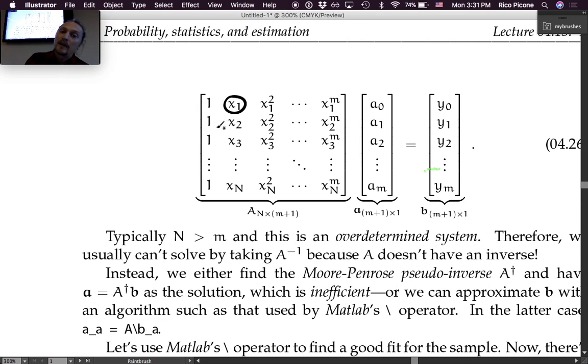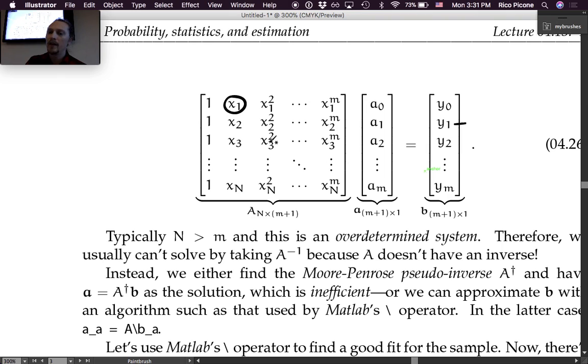The next equation, I plug in x2. I am y1. Or sorry, I'm y2. Yeah, that's right, y1, I guess, because of the weird way that these start at 0 and these don't. Down to ym.